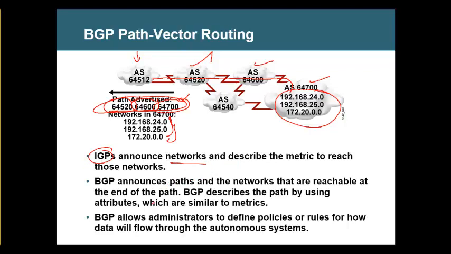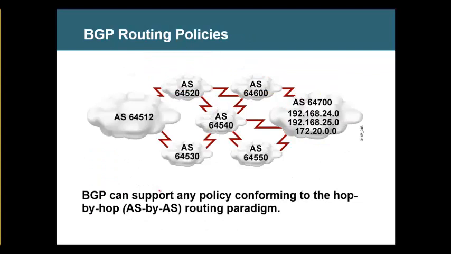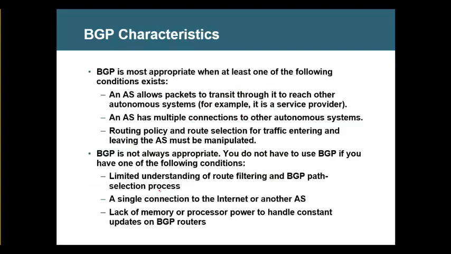So these are the things that we spoke about earlier. BGP is an AS-by-AS protocol, and only when we have multi-homing, only when we have an autonomous system as a transit, only when we have some policy in controlling the traffic that enters and leaves our autonomous system, we need BGP.